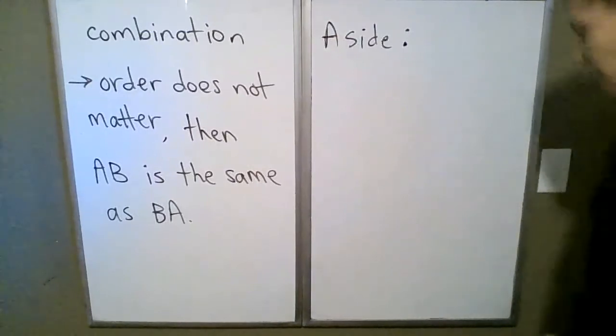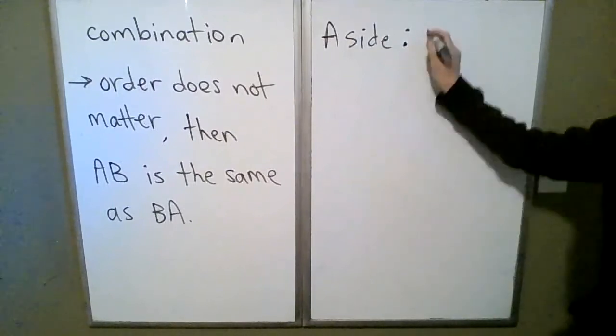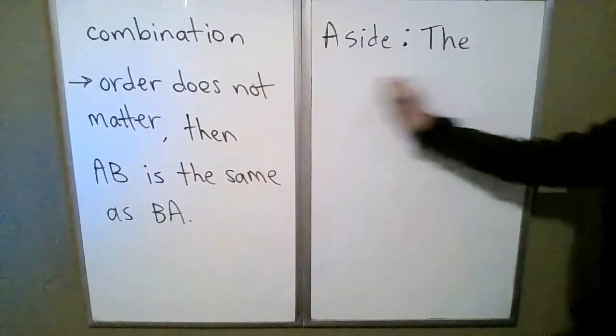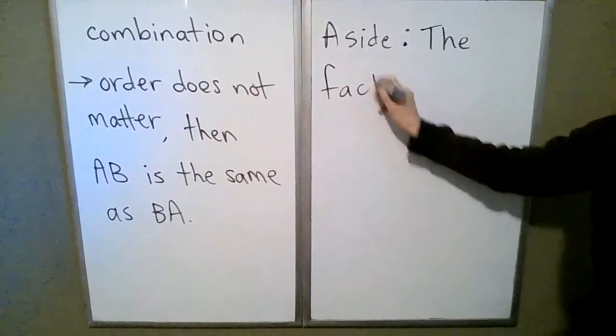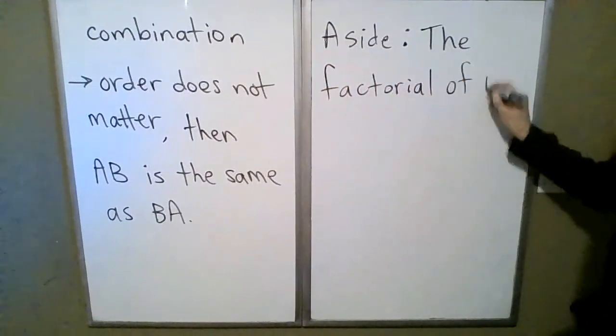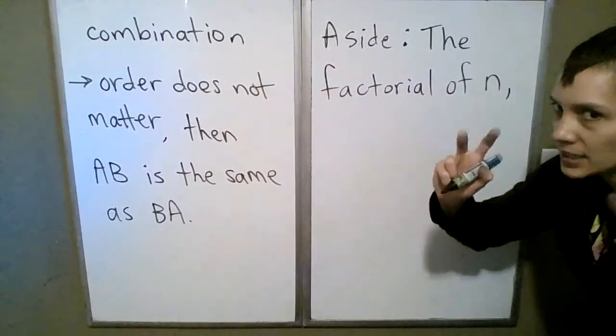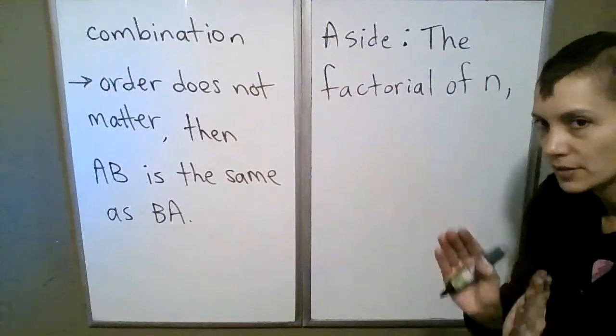Okay. The factorial of n is written as n with an exclamation point, but in math it's called n factorial.